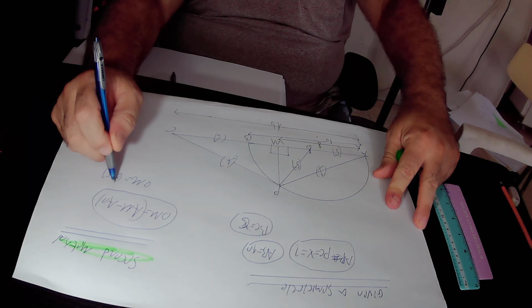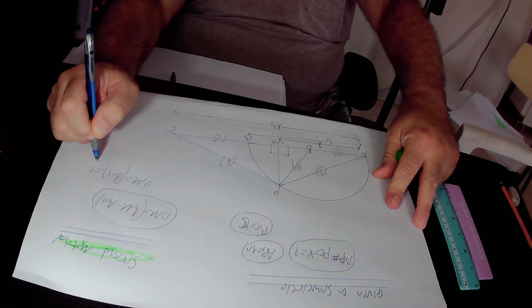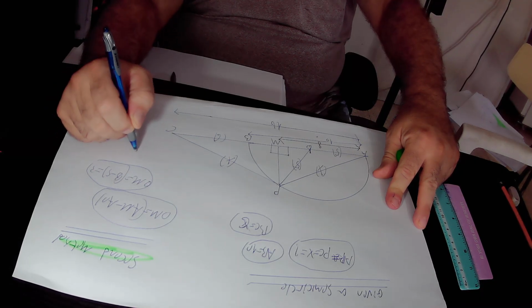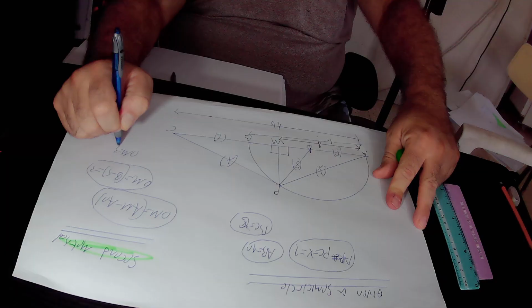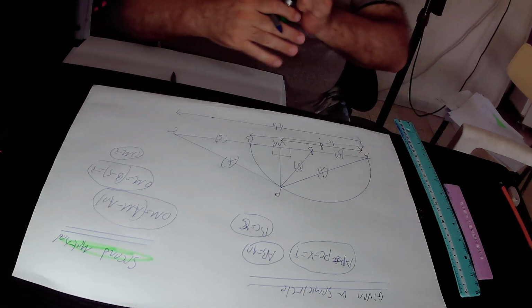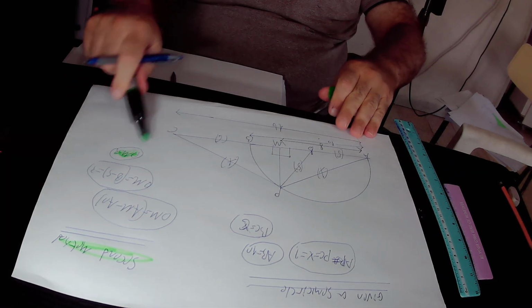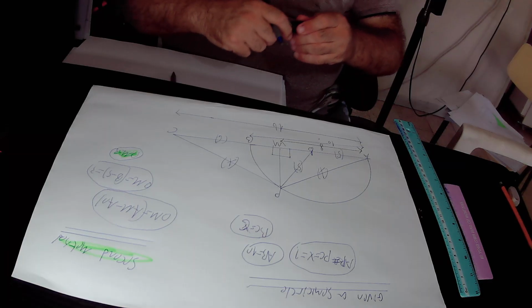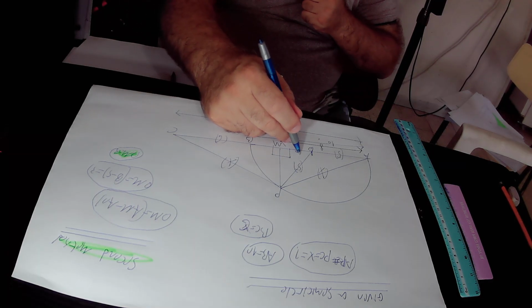So in total, OM equals 8 minus 5, this is 3. OM equals 3 units in length. The small line segment OM equals 3 units in length.